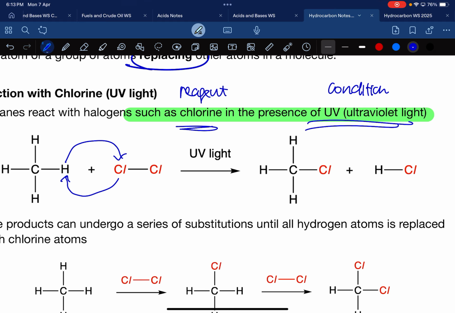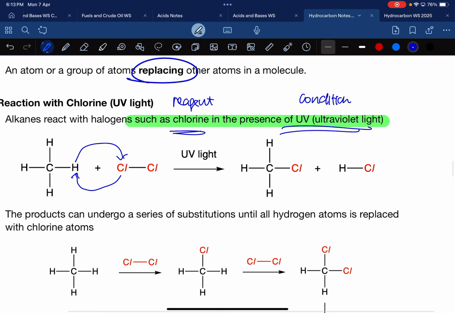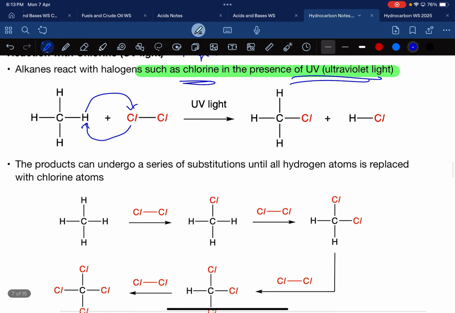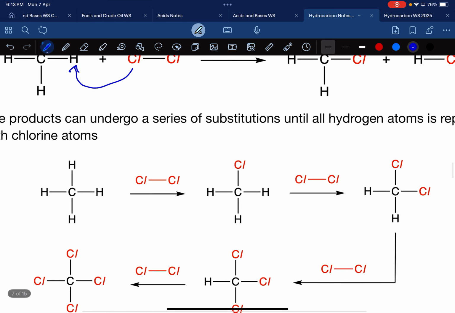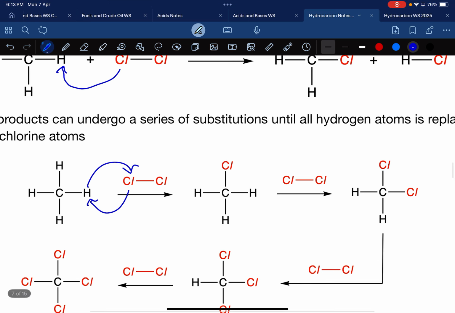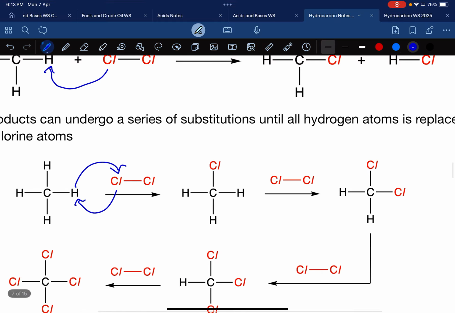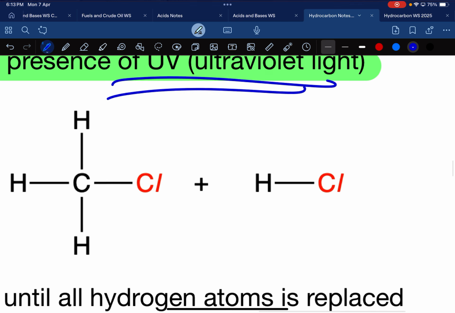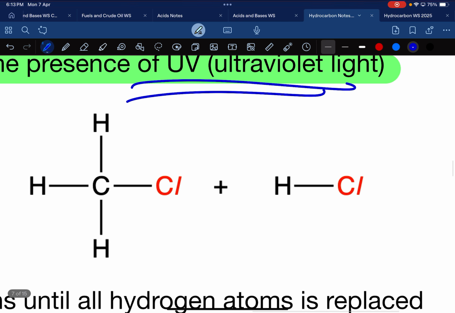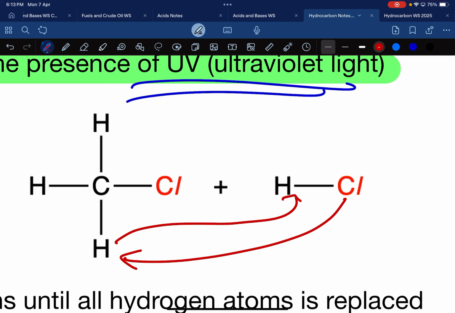Are we clear? The substitution process can happen multiple times. Cl comes in, this one leaves, then I react with another chlorine atom. I can react to form this. But this reaction I'm about to draw never happens, where I have my chlorine come in here and then I form H2 gas. It is not possible.